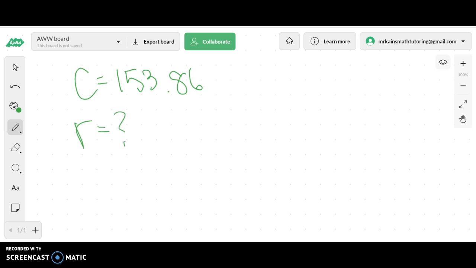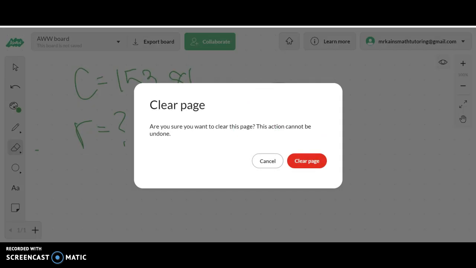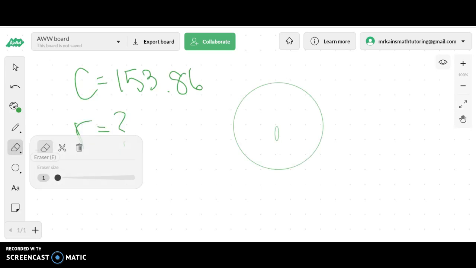What is the radius? Let's go ahead again just to draw a picture. We don't always need a picture, but it might help you to see it. If I draw a radius, let's say from here to here, that is what we're trying to find, right?